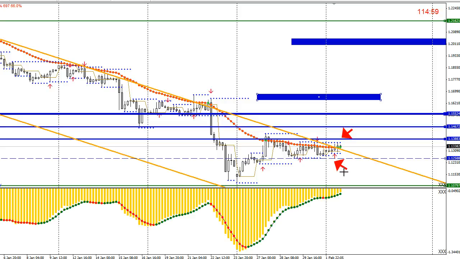If you traded last week, you probably came to the conclusion that it was quite hard because we had a very tight range, and it was quite volatile. So the best thing is to be patient and look at those two levels and go from there.